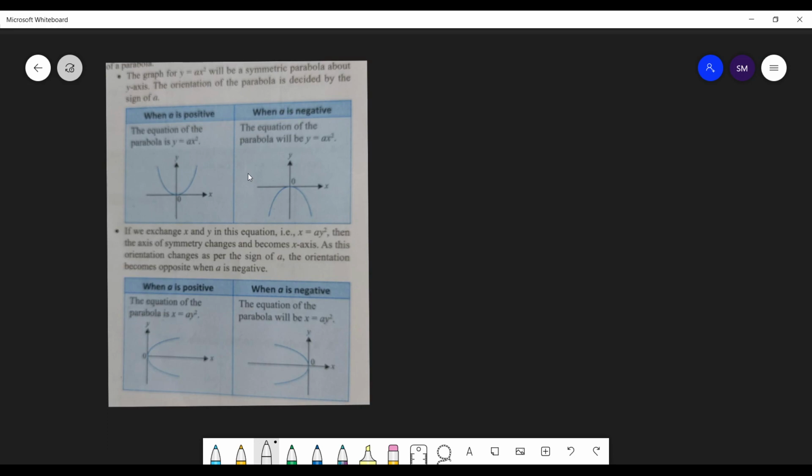As you know, the equation y equals ax squared plus bx plus c is a quadratic equation, and the graph between x and y is a parabola.